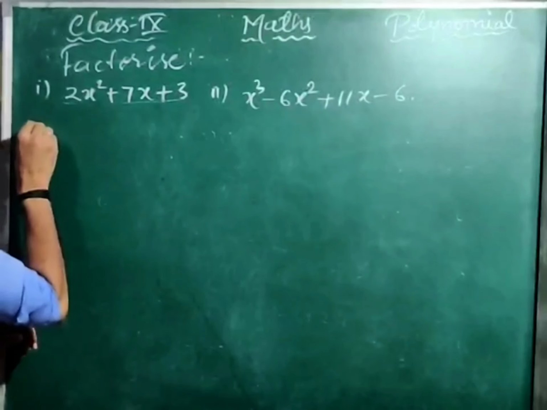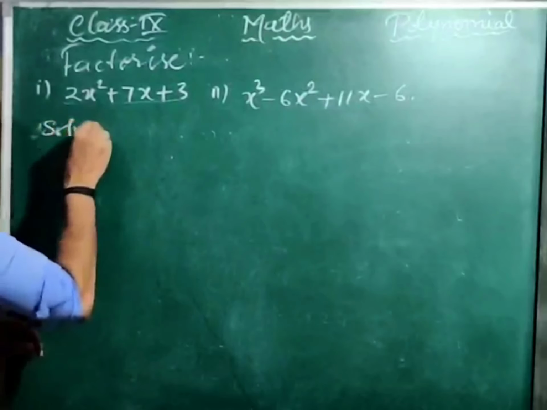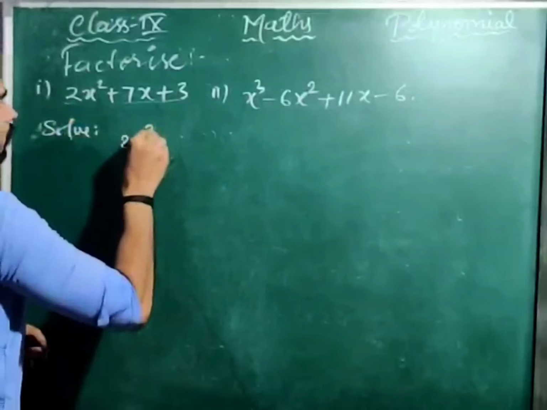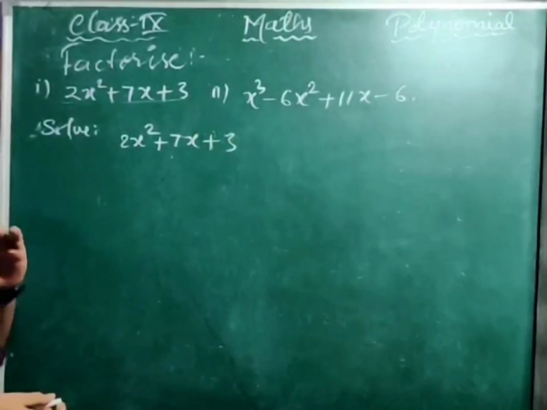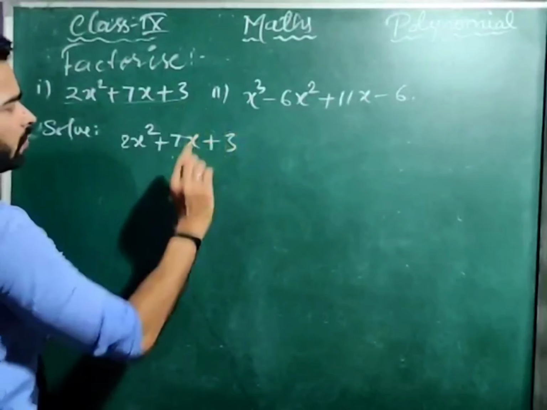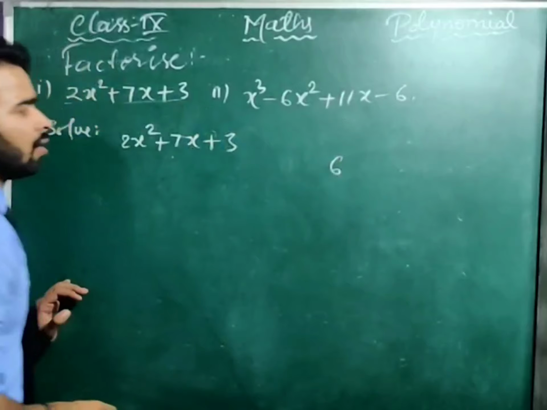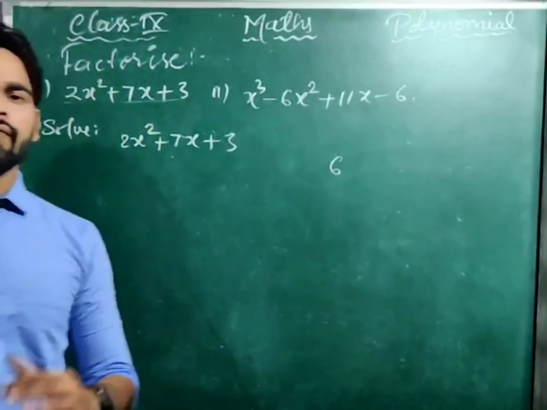So we have to factorize 2x square plus 7x plus 3. Firstly, you will multiply 2 into 3, you will get 6. Now you have to find two numbers.